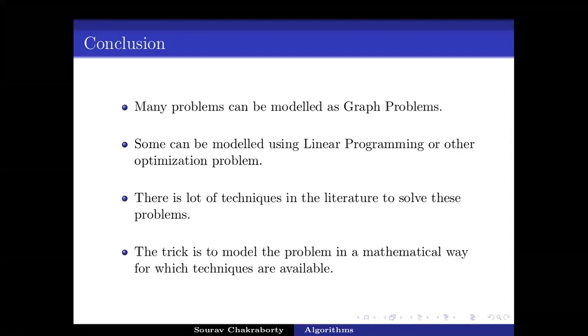Graph is an abstraction that is pretty easy to handle, but the real trick is to model the problems into graphs. So this scheduling meetings or scheduling classes problem reduces to a coloring problem, or this assignment of students to colleges also reduces to a problem of matching.